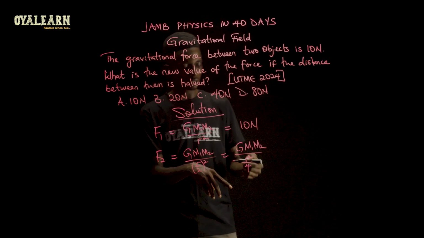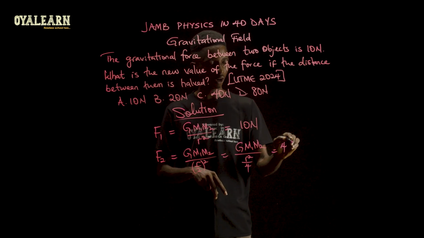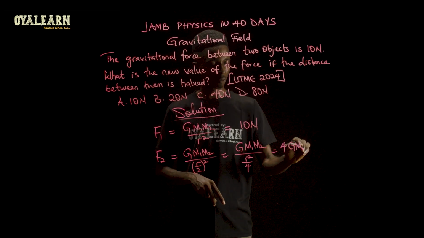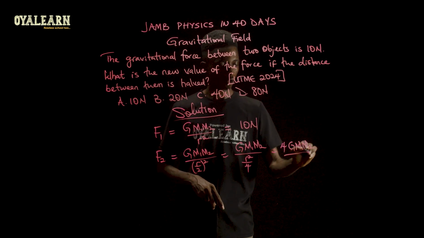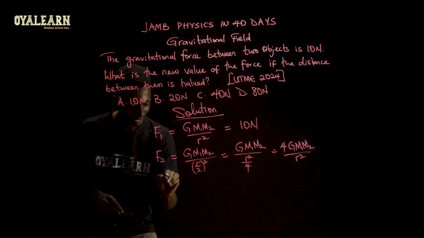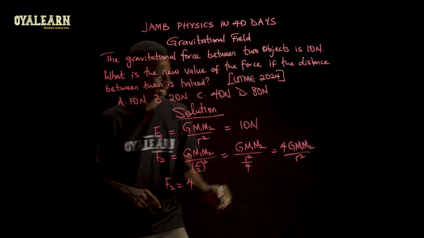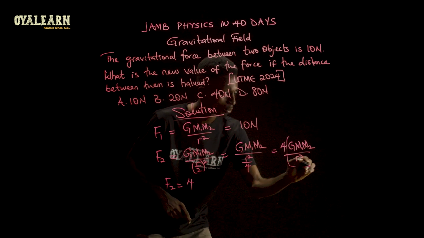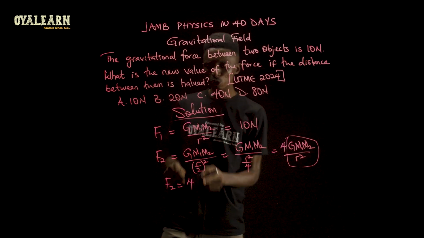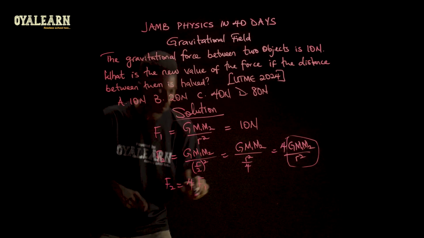Now you can solve this based on the law of indices and then take this 4 up here. You then have 4G m1 m2 over r squared. Now if you're observant, you will see that F2 is therefore, we can call out this 4. And all of this, what I've just circled here, is actually your F1. So that will be 4F1.